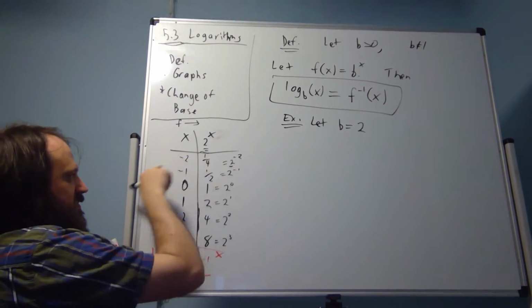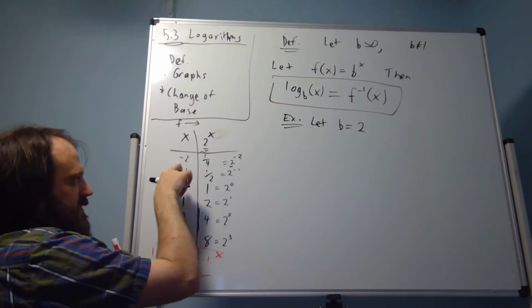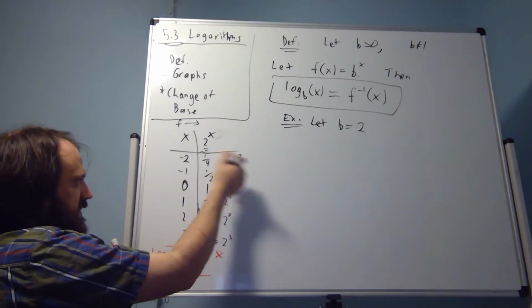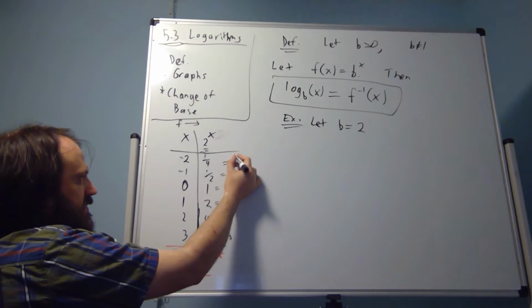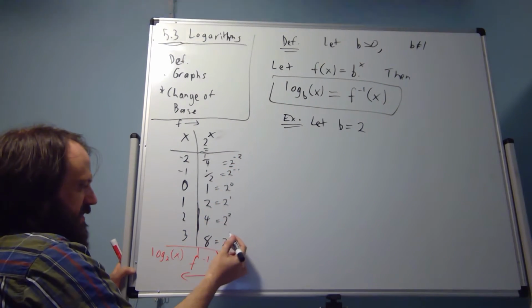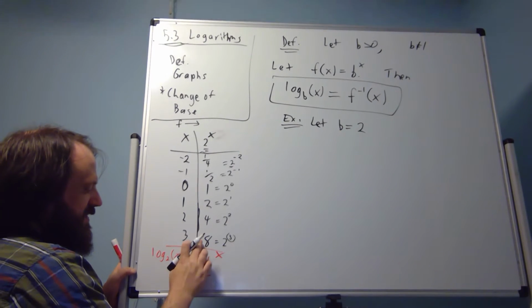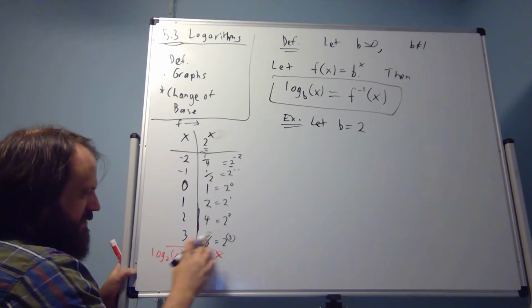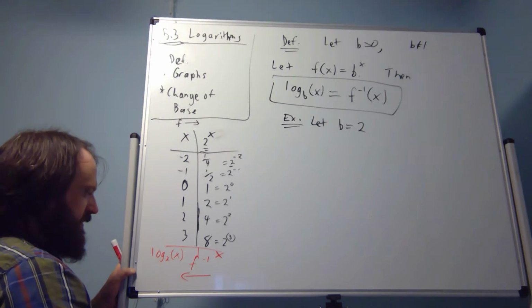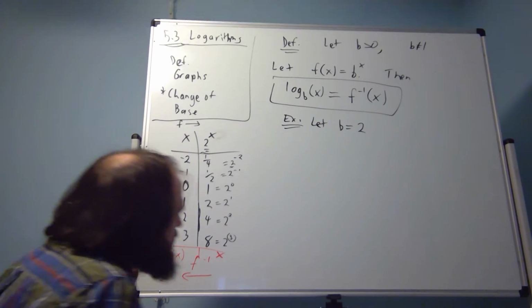The exponential function 2 to the x takes the number on the left and gives you the number on the right. Going backward, if I write everything as 2 to the something, then, well, if I just look at the number 8, that doesn't tell me what log base 2 is, but if I write it as 2 to the third, awesome. So that's how that works.